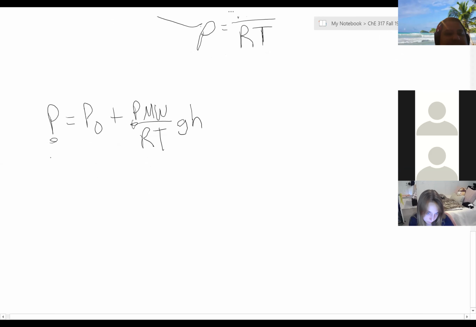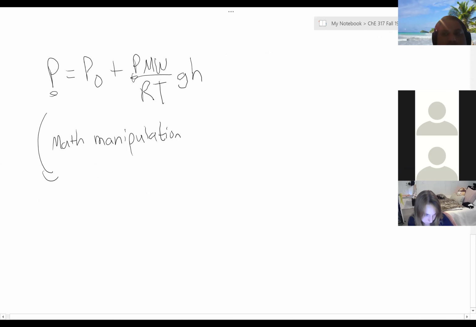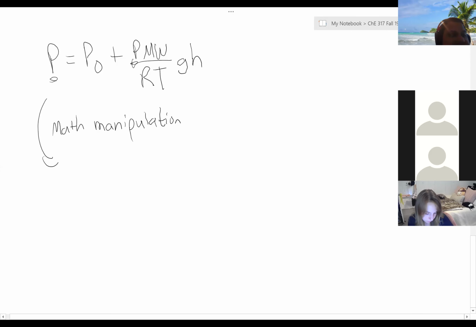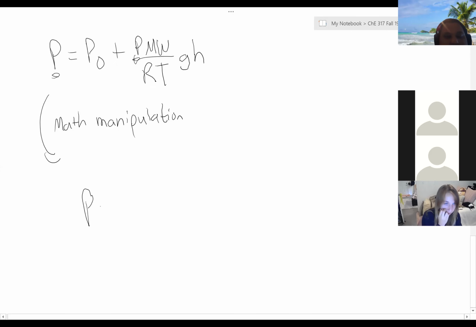Now doing some math manipulation, which I'm just going to wave my math magic wand, I can resolve my original derivative. What I'm left with is an expression that looks something like this.